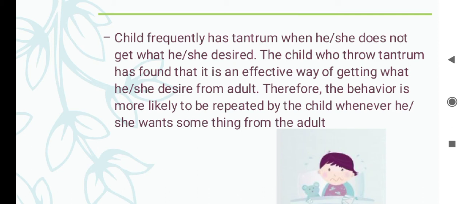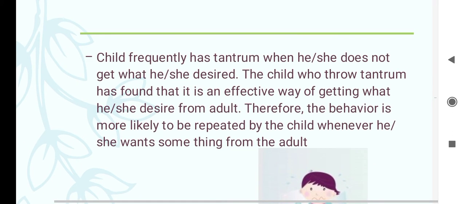The child who throws a tantrum has found that it is an effective way of getting what she or he desires from an adult. Therefore, the behavior is more likely to be repeated by the child whenever he or she wants something from an adult.